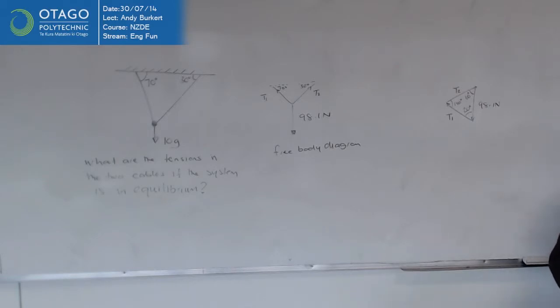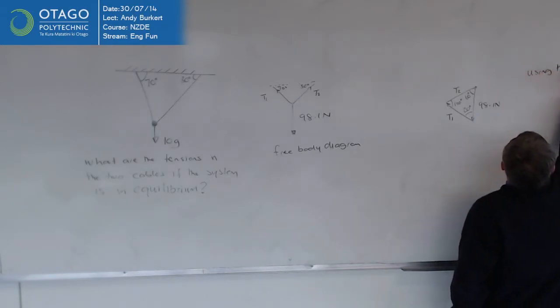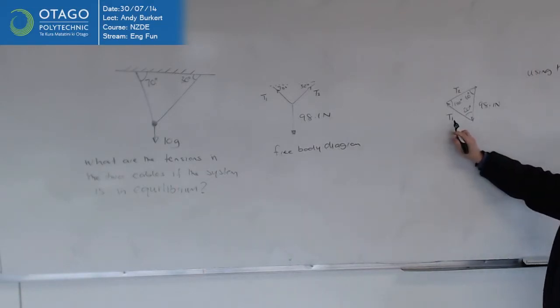But sine rule is easier than cosine rule, so let's use it. Okay, so if we use the sine rule, to find T1 first.